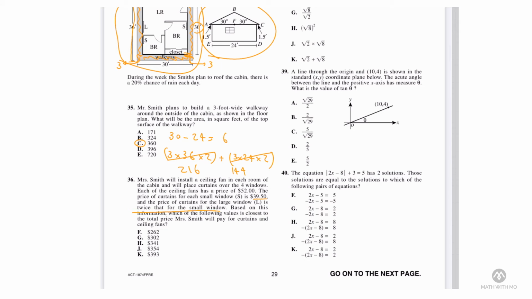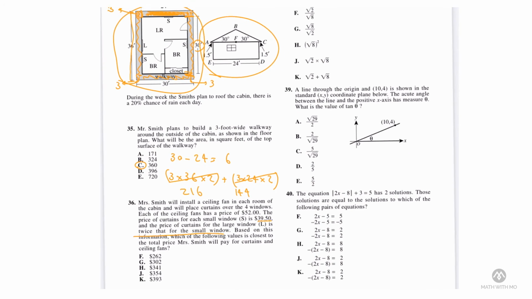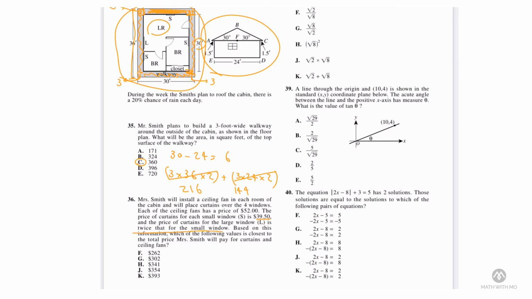Alright, so they want to put a ceiling fan in each room of the cabin. They have a living room, then bedroom and bedroom. So 3 times 52, and they have small windows, 1, 2, 3, 3 small windows, which is going to be 3 times 39.5.